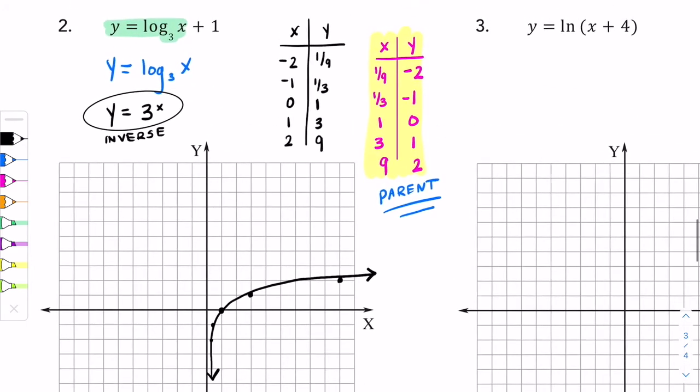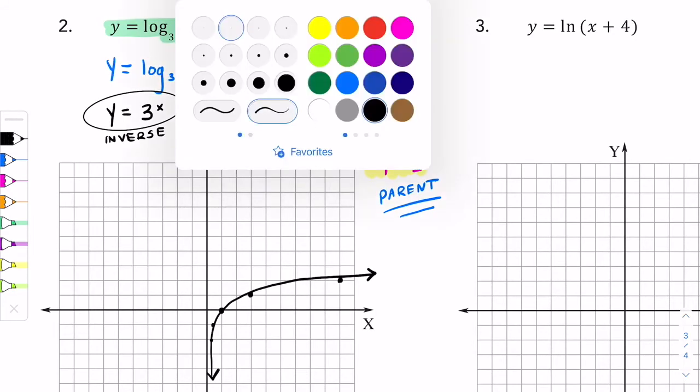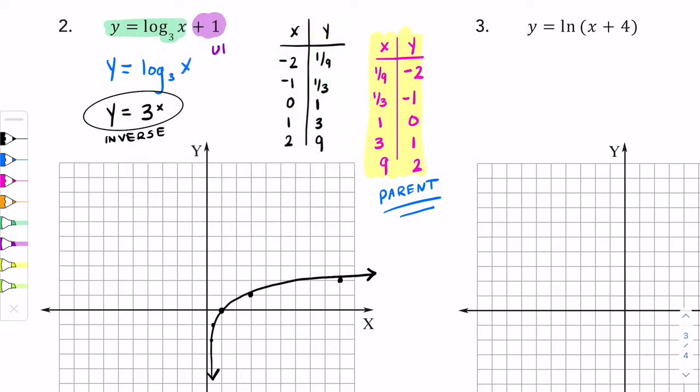Now the only other transformation included with this function is our transformation of shifting up 1 unit. I take my parent function, I shift every point up 1 unit. Shifting this graph up 1 unit will not change the vertical asymptote.